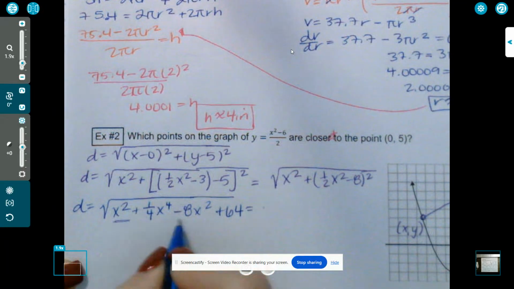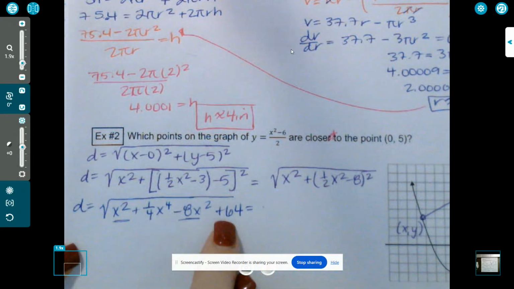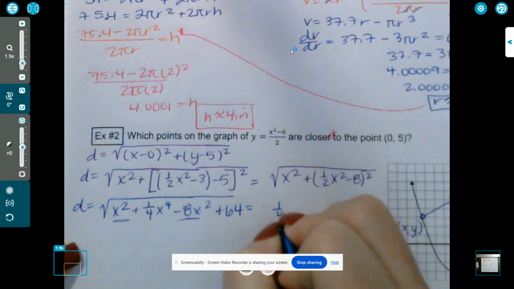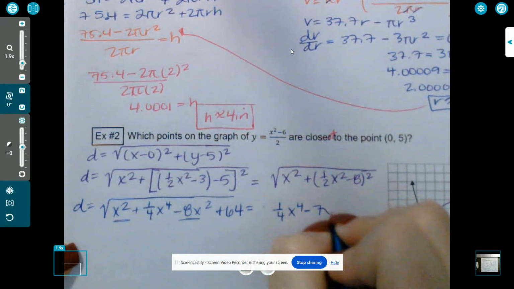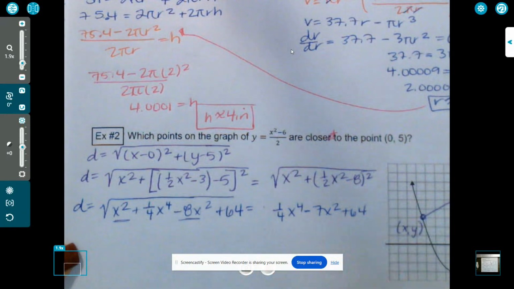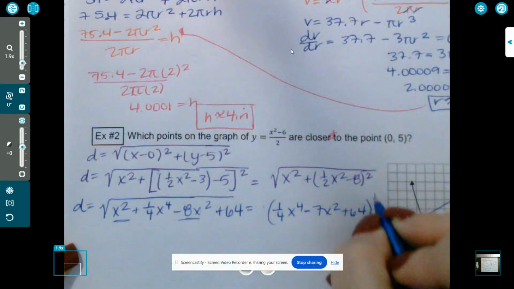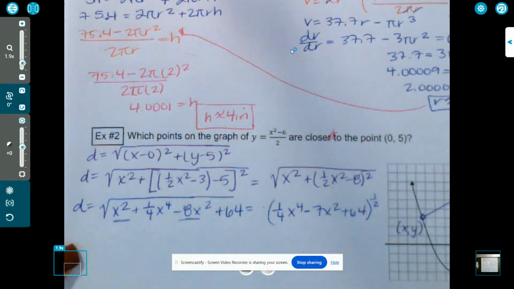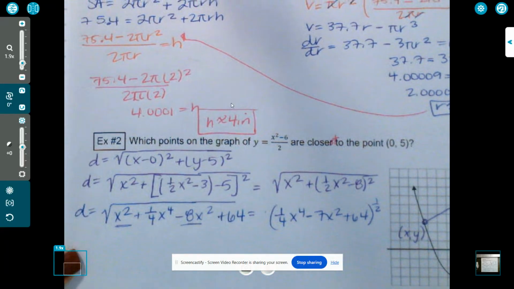Okay, if you combine these, that's going to be 1/4 x to the 4th minus 7x squared plus 64. And I'm just going to go ahead and raise all that to the 1/2 power, just because taking the derivative is way easier once we have that 1/2 up there.